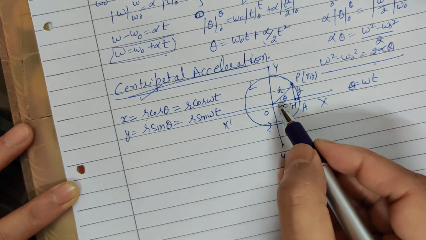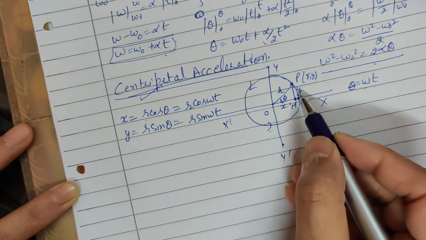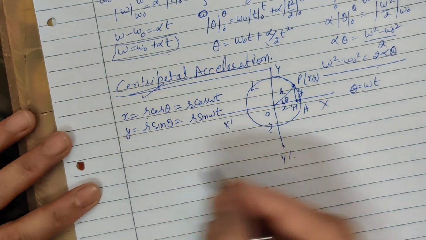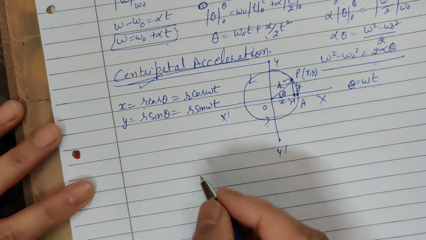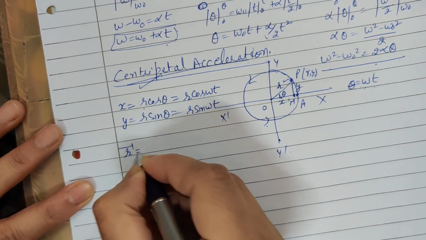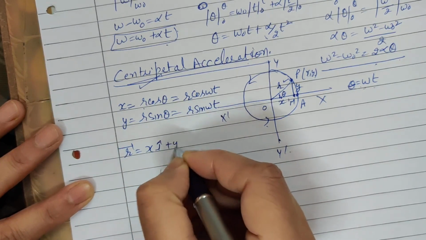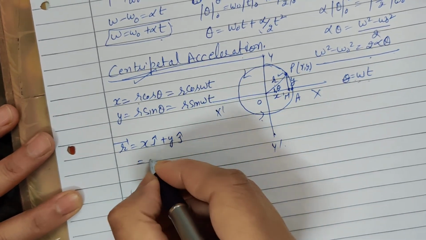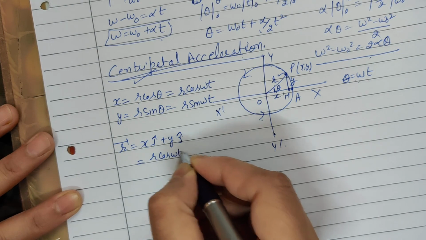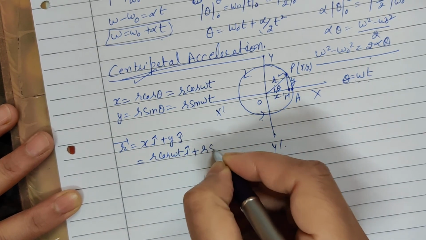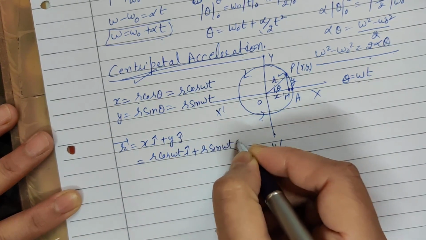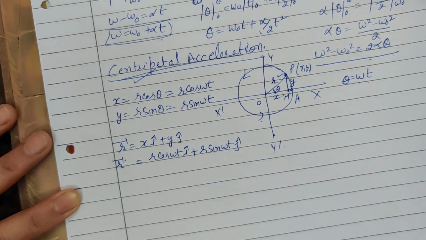Cos theta is x by r, sin theta is y by r. So how do we write the position vector? The position vector is written as x i cap plus y j cap, meaning r cos omega t i cap plus r sin omega t j cap. This is the position vector.